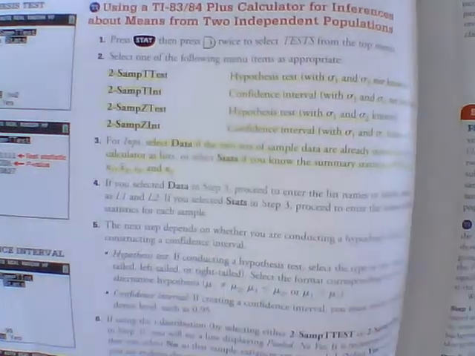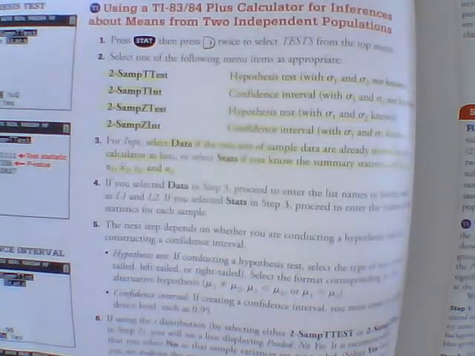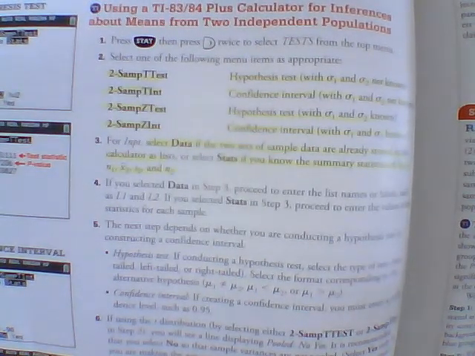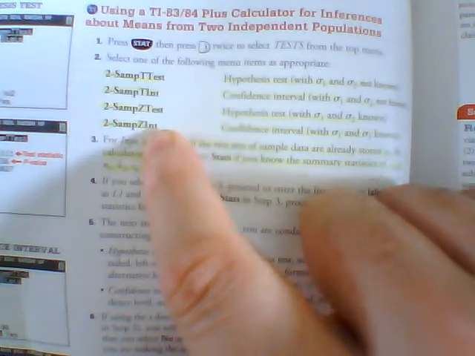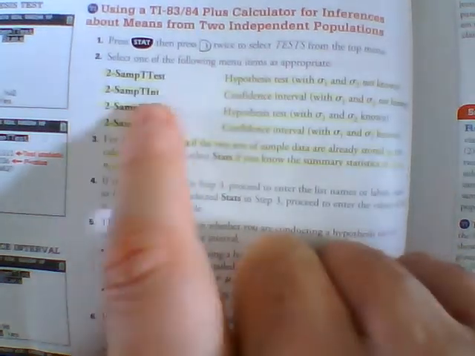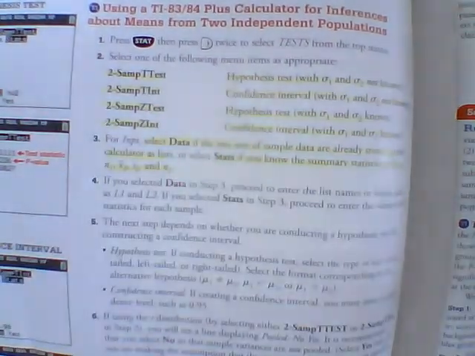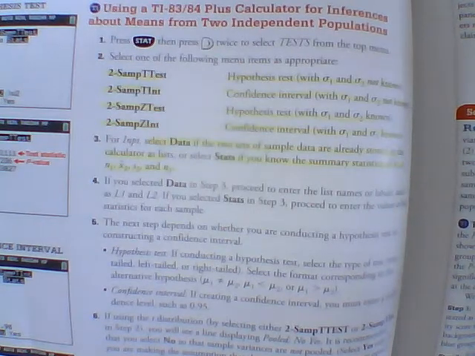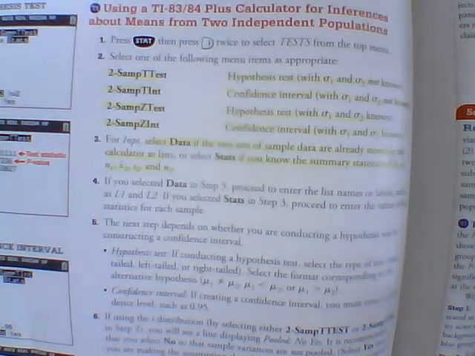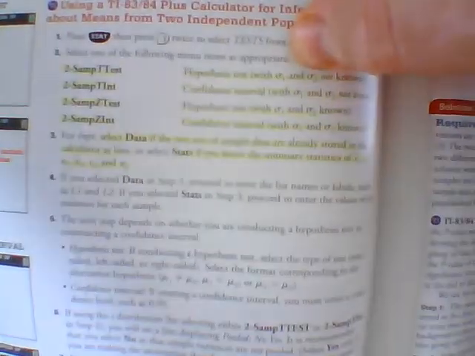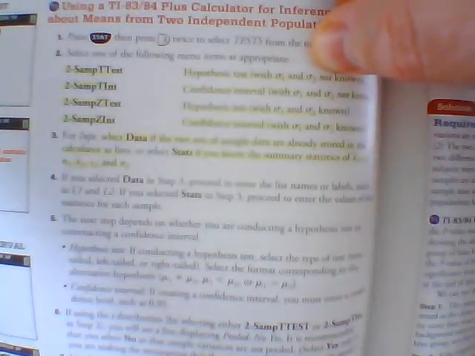Now, you're going to have to keep track of what is used for what situation, because we have t-tests and z-tests, and confidence intervals with t or z. We have a two-sample t-test if sigma 1 and sigma 2 are not known.